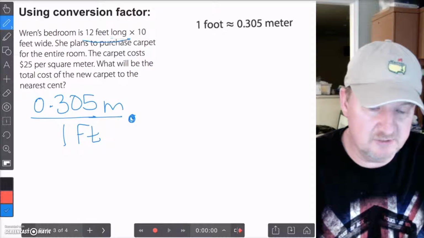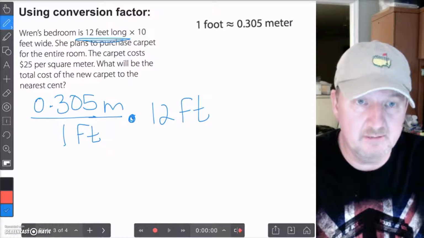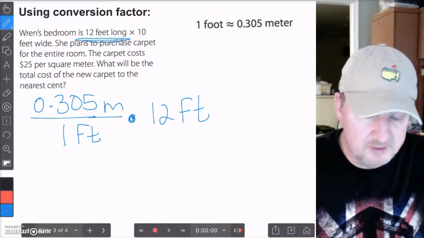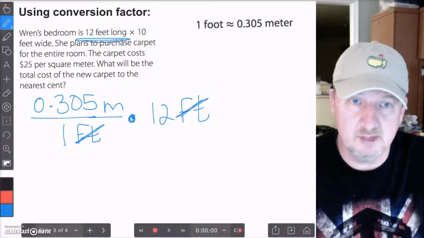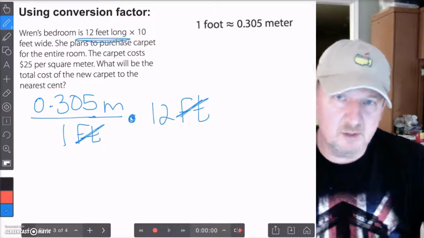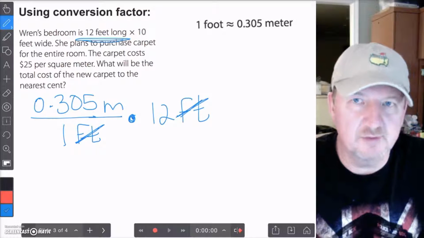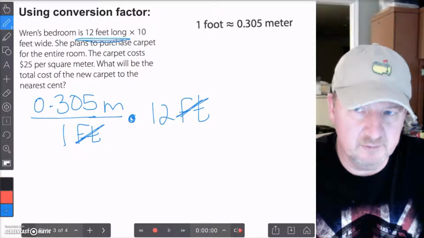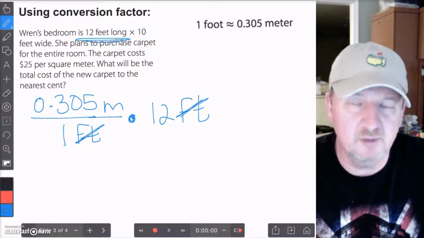And we're going to multiply that times what we're trying to find. In this case, first I want to find 12 feet. So what I want to do here is cancel out my units. Now this happened to be a unit rate with 0.305 meters over 1 foot, but this one could be 12, it could be whatever.